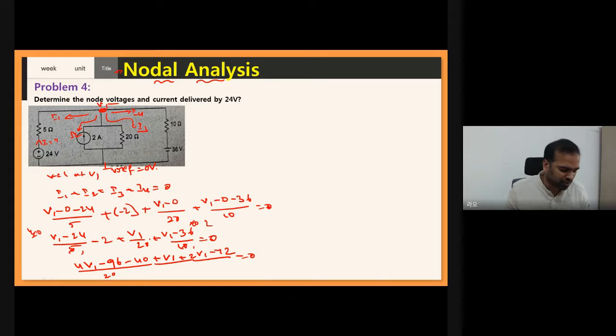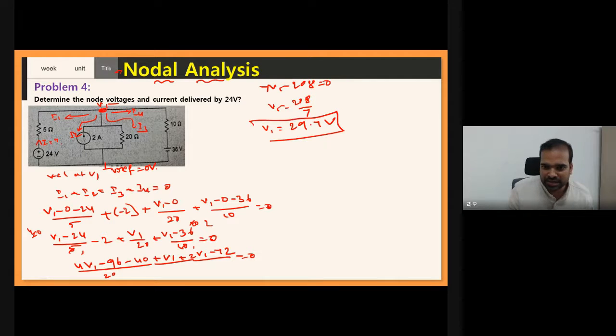If you solve this, the final equation is 7V1 minus 208 equal to 0. Therefore V1 equal to 208 by 7. Therefore the node voltage V1 equals 29.7 volts. Clear.